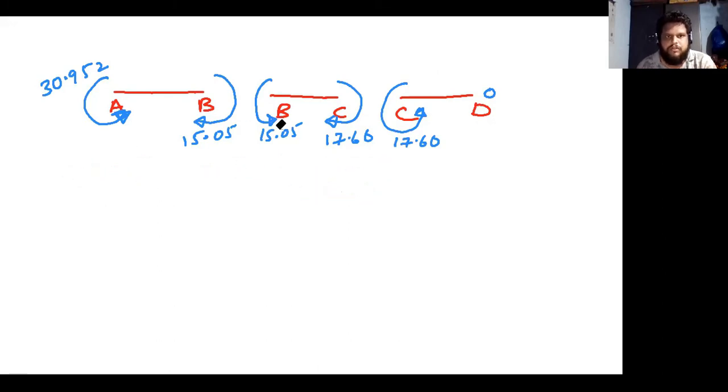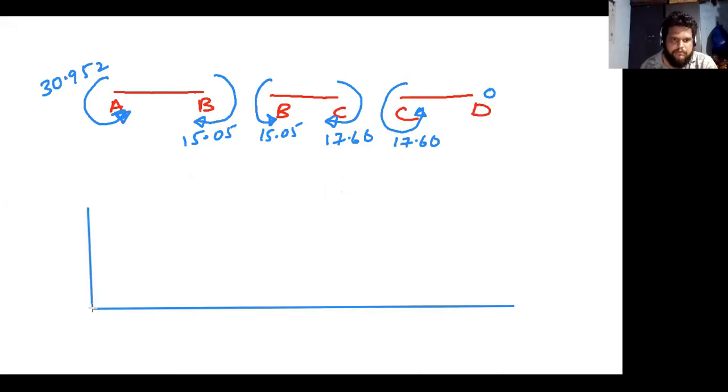Right. So now I'm plotting the bending moment diagram. First I will be drawing the final bending moment diagram. This is showing upwards. How much is this value? 30.95.